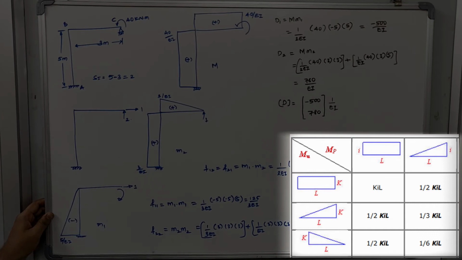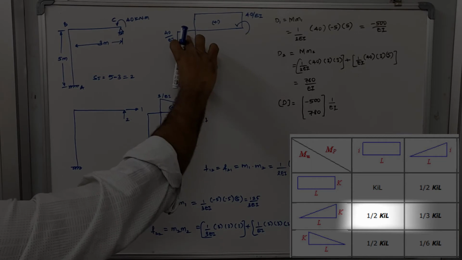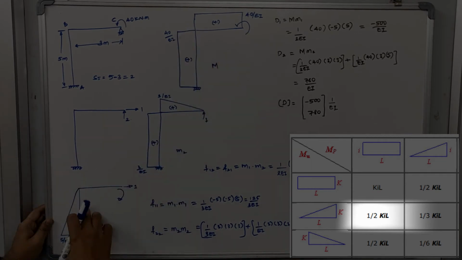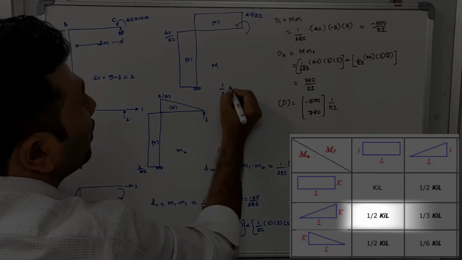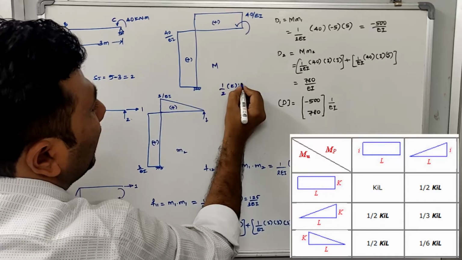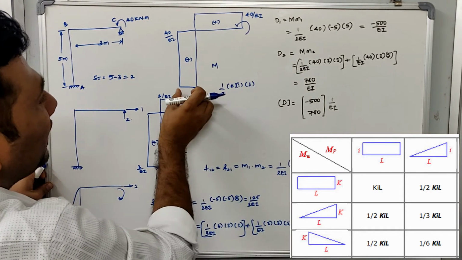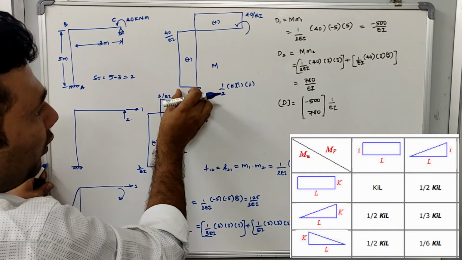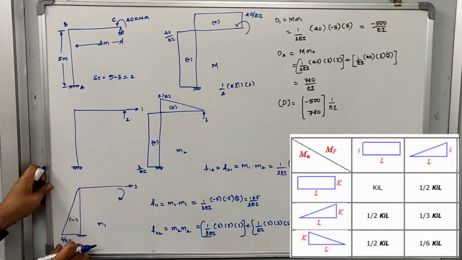What is the equation that is given to you? 1 by 2 multiplied by k into I into L. So if I am multiplying this rectangle with the triangle, the equation will be 1 by 2 into k into I into L. L represents the length of the member, k represents the value of the ordinate in the capital M diagram, and I represents the ordinate of the small M1 diagram.